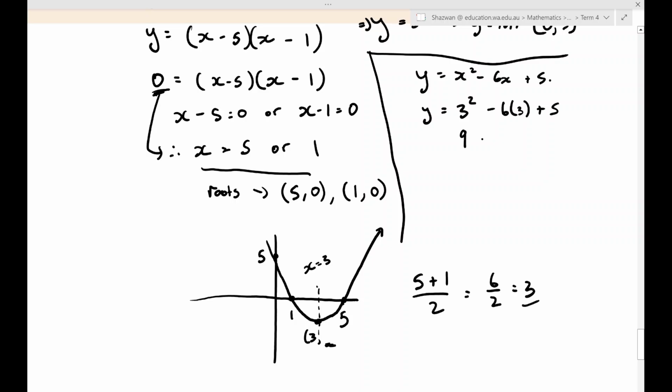So 9 take 18 plus 5. 9 take 18, that's negative 9, plus 5, that's going to be negative 4. y is equal to negative 4. And just looking at this, that seems about right. Somewhere down in the negatives. So we can plot our turning point right there. And here we have a sketch of our parabola.